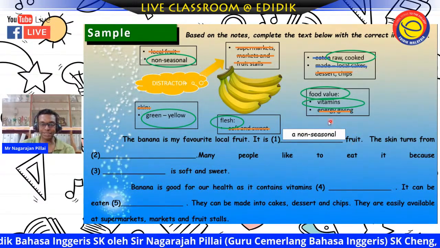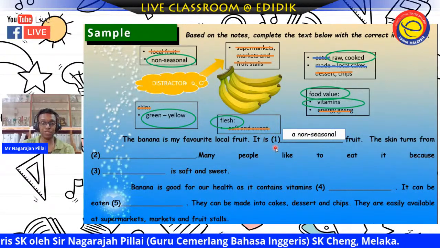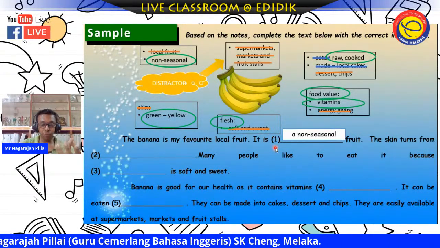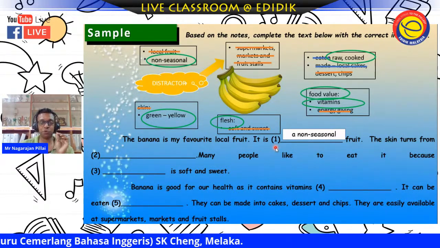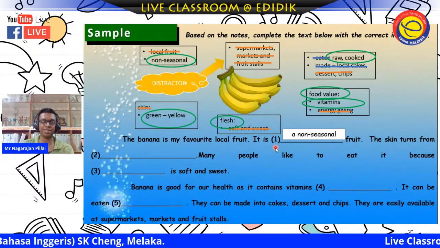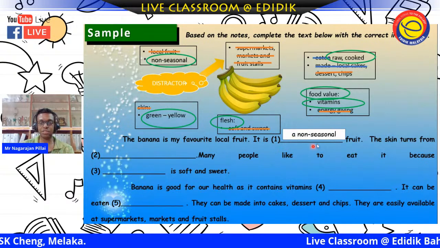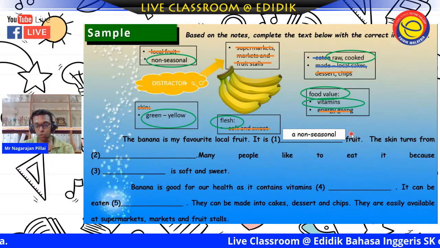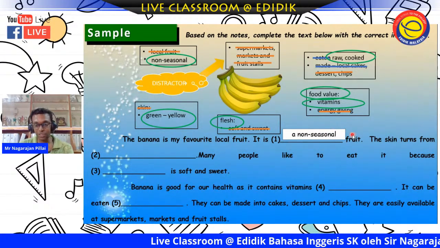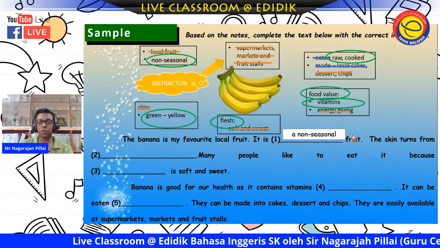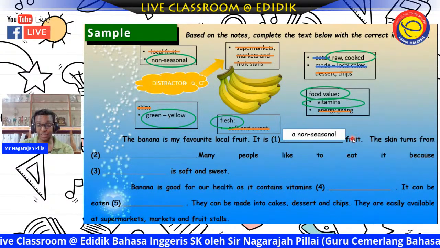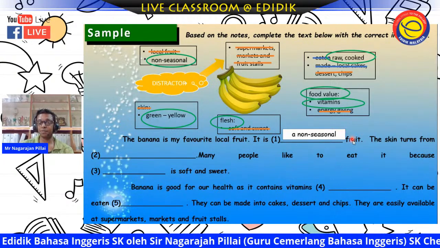Whenever you want to transfer the information, you want to write the answer, you have to read the whole sentence, complete the sentence. It is a non-seasonal fruit. This word, fruit, is the focus for this sentence, for you to choose the word.